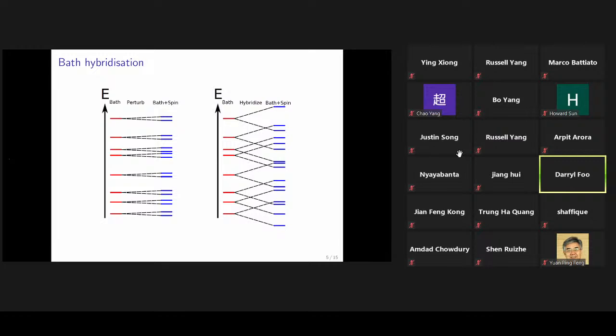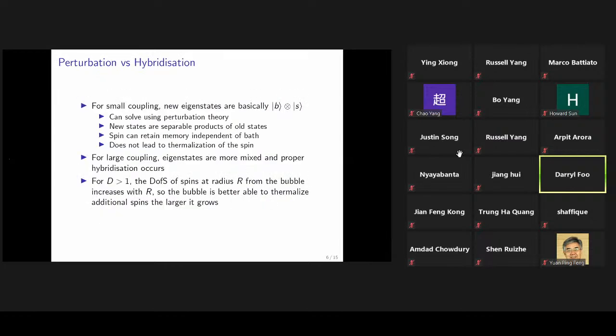On the left, we have very weak coupling; on the right, very strong coupling. For small coupling, your new eigenstates are basically the outer product of the old states, bath and spin, so we can solve this system using perturbation theory. The new states are separable products of old states. Therefore, this adjacent spin, which was localized and had memory, can retain its memory.